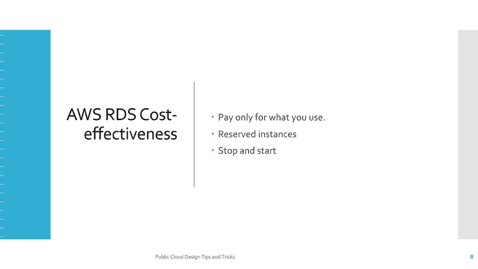With reserved instances, when you are very sure of the amount of data or the amount of time that you are going to use, you can buy reserved instances, and they will also give you a lot of discount and cost savings. Stop and start is a kind of automation where you can stop your database whenever you are not using it and start it whenever you are using it. So these are the three cost-related capabilities that RDS currently provides.